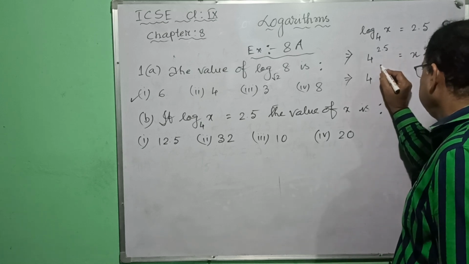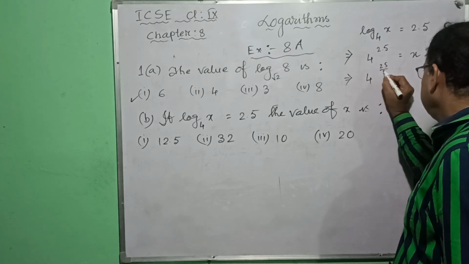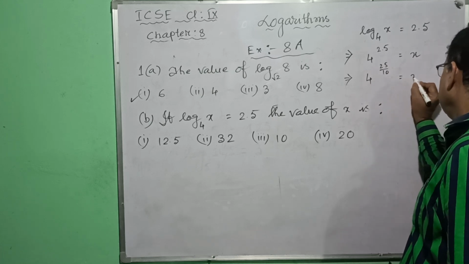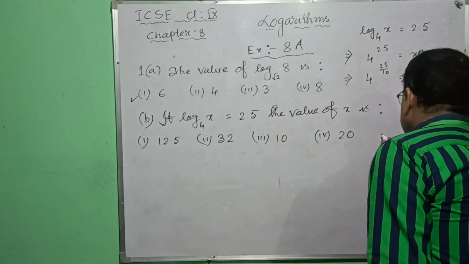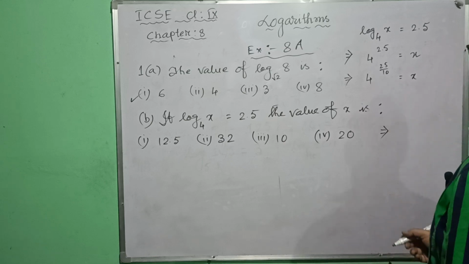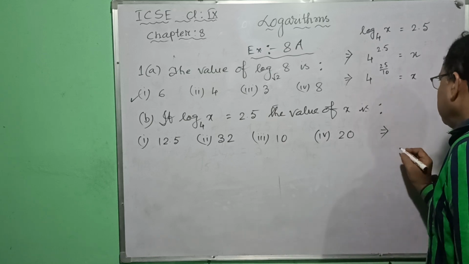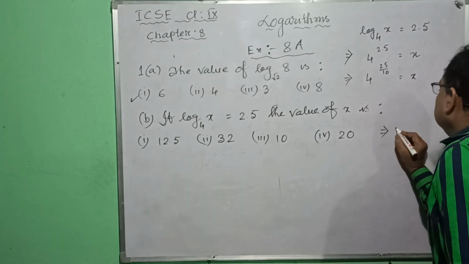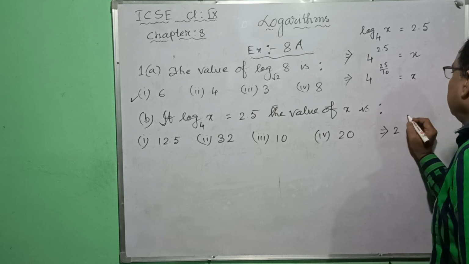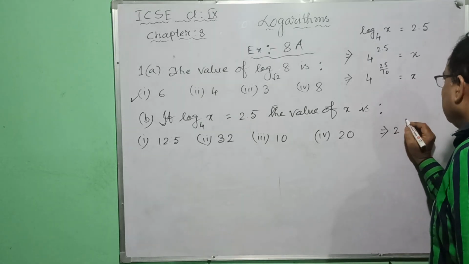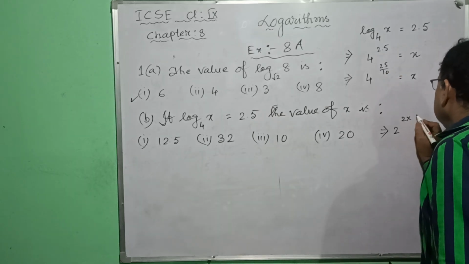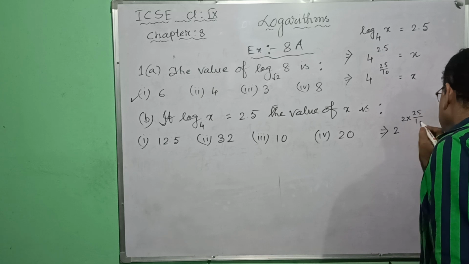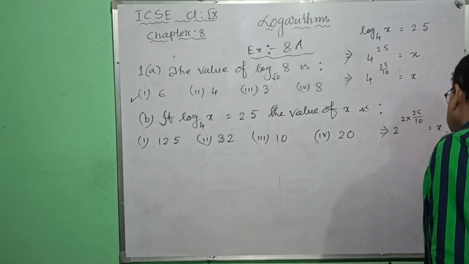Here 4 we can write 2 squared, so 2 into 25 by 10 equal to x.